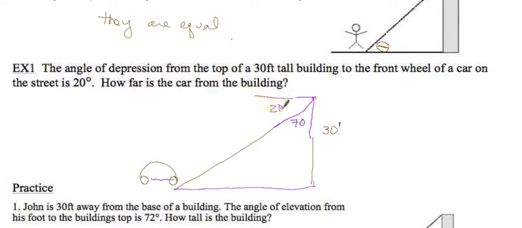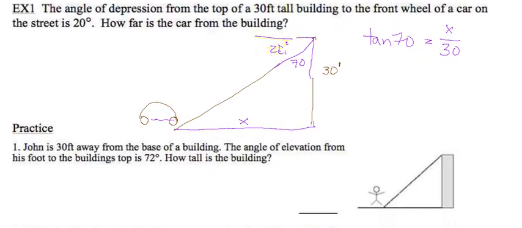We know this part is 20 degrees. Our goal is to find x. Do we want to use tan, sine, or cosine? We could say that tan of 70 is the opposite leg, which is x, over 30, and that would give us the setup. So you can finish that and find the answer to number 1.